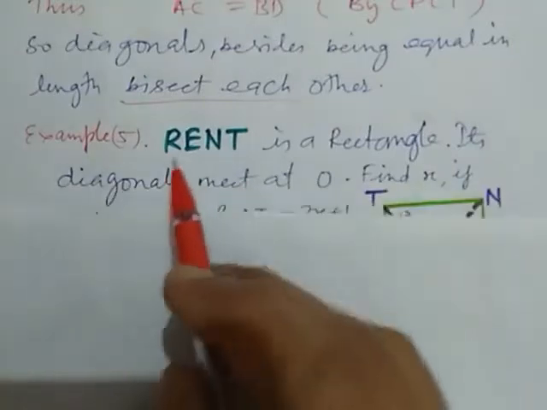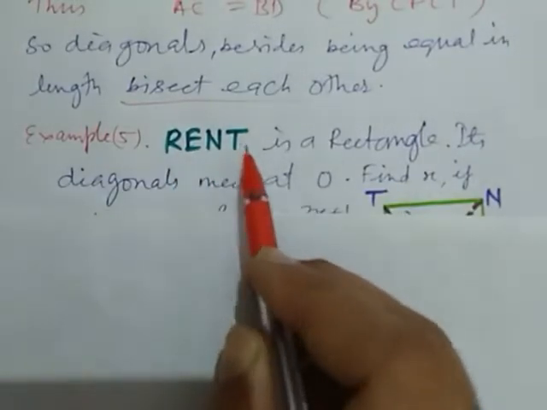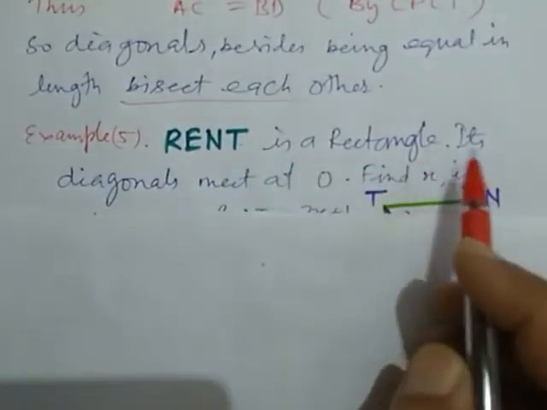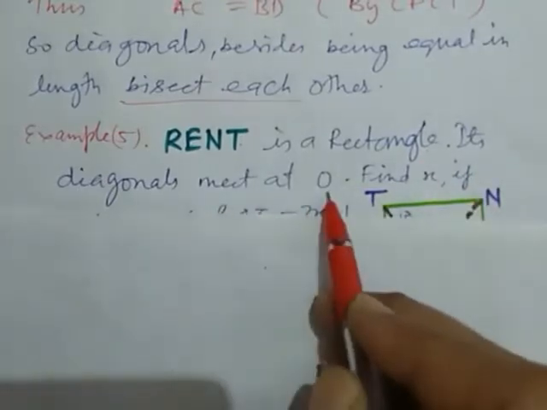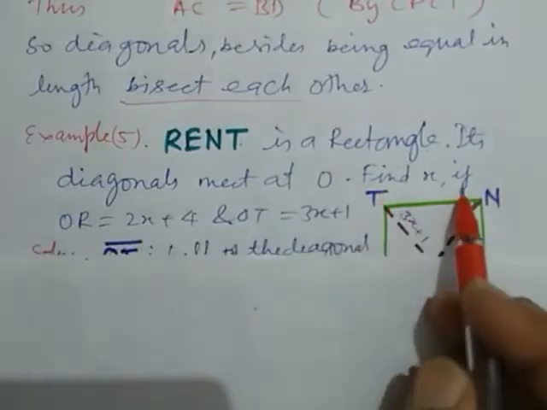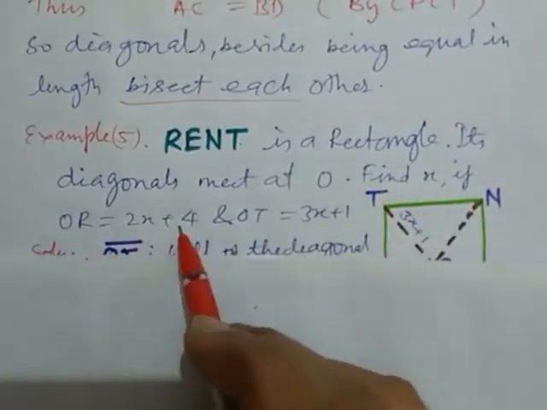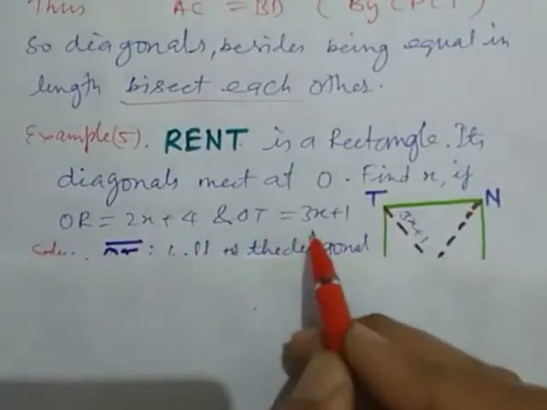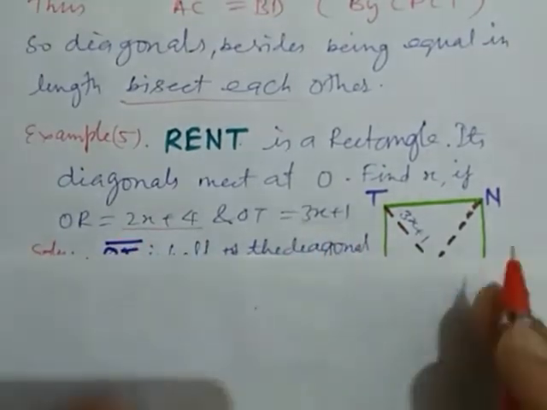The given example is: RENT is a rectangle. Its diagonals meet at O. Find x if OR equals 2x plus 4 and OT equals 3x plus 1. This is given to us.